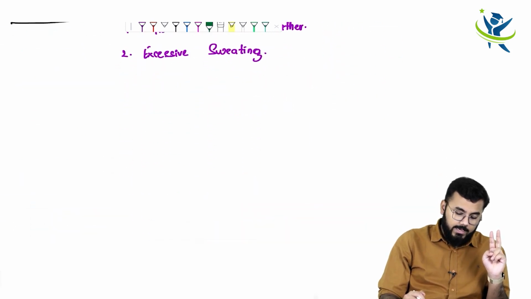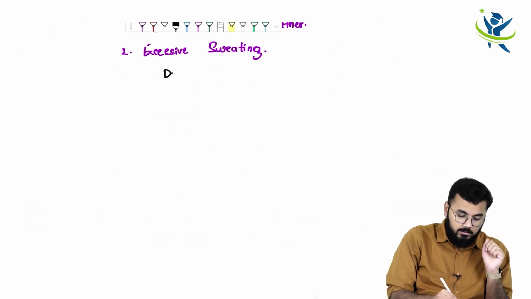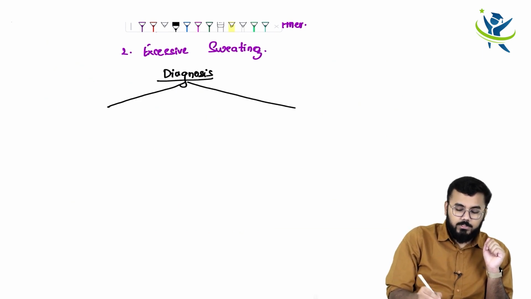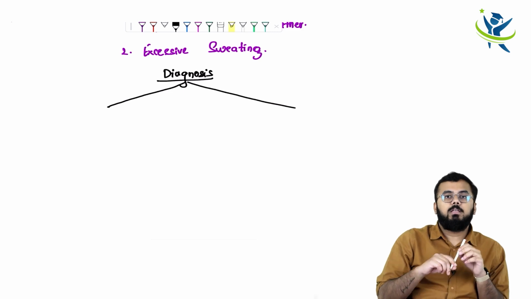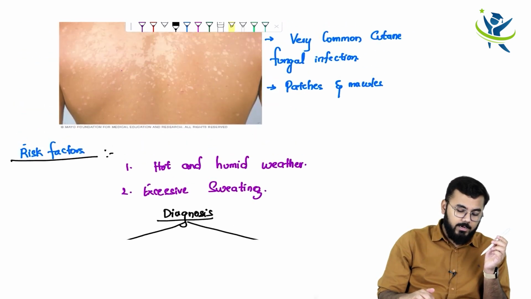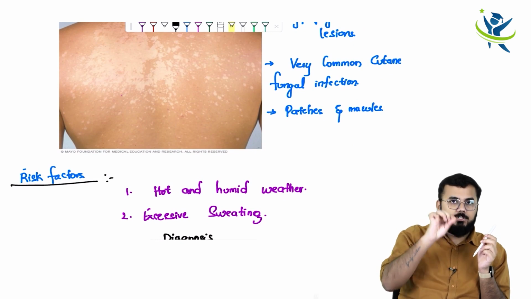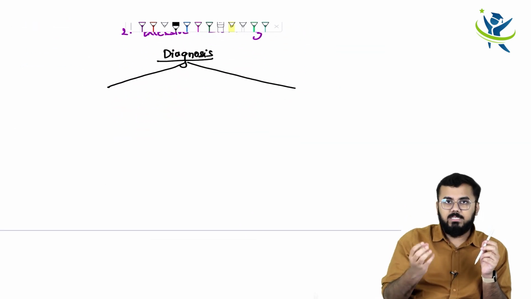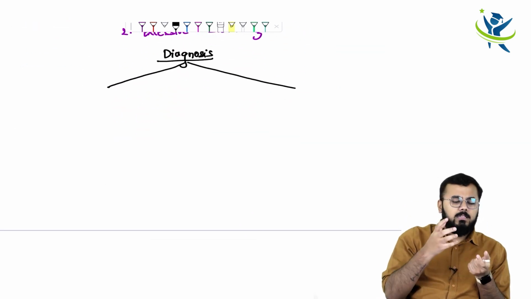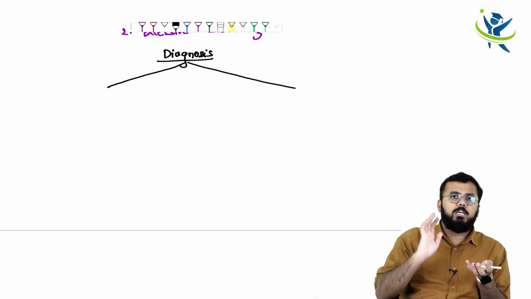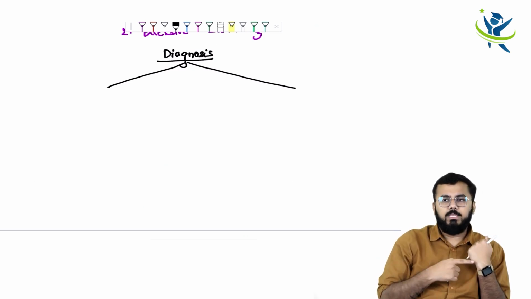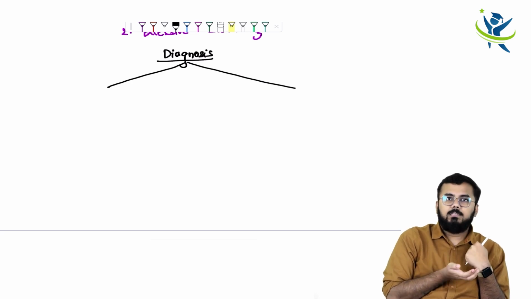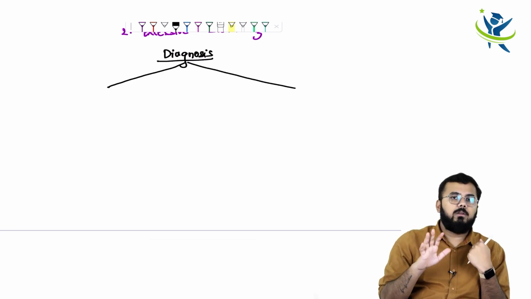Okay, now how do I diagnose this condition? I can diagnose this in two ways. The first way is that I call the patient and scrape these hypopigmented lesions. Whatever powder comes from the skin surface, I collect it and add potassium hydroxide to it.